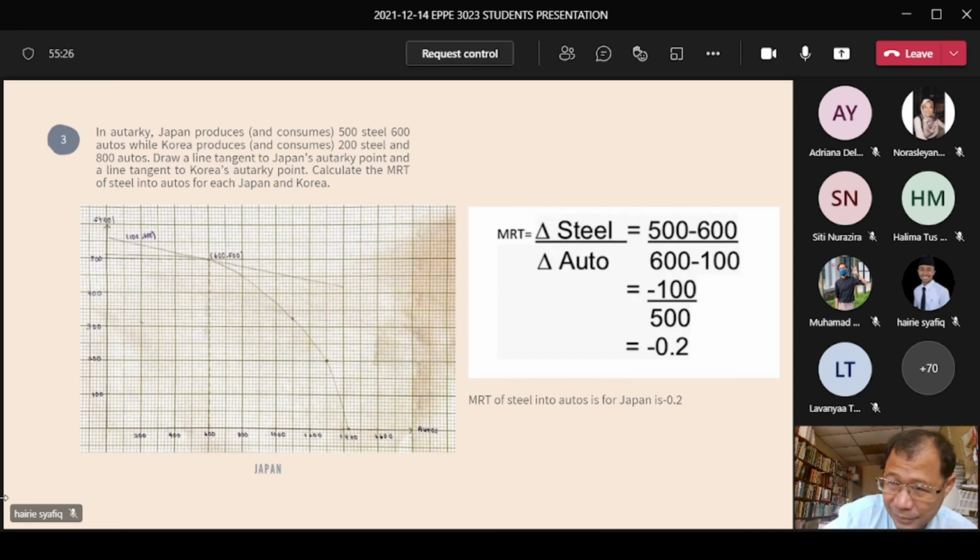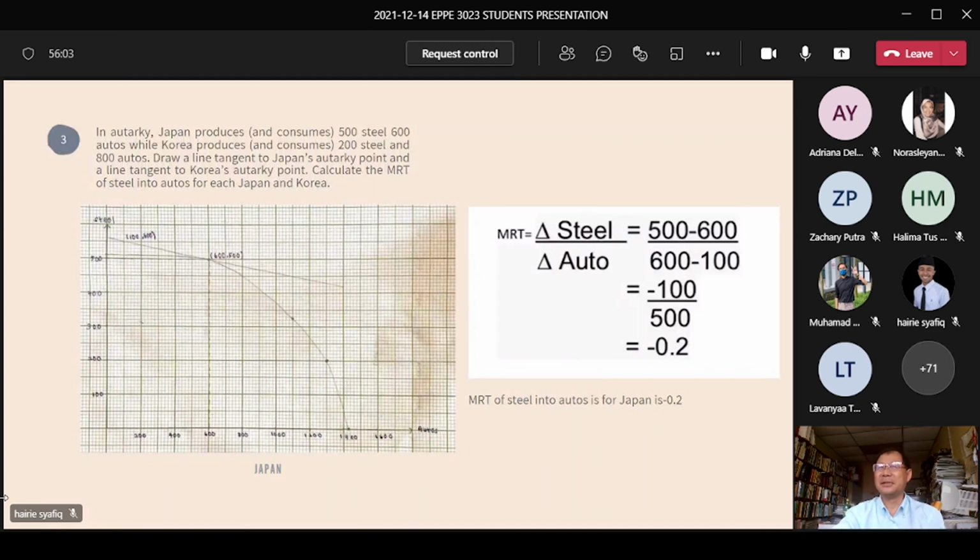Do you got it? It says that in order for you to add one more nasi lemak, you have to sacrifice, reduce 0.2 baju. You cannot buy baju, shirt. You want to eat one more nasi lemak, you have to reduce your ability to buy baju by 0.2.